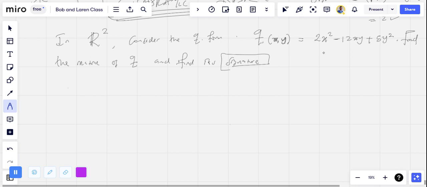I notice there is a pattern for the matrix for Q. Let's say I want to find the matrix of that Q of x comma y that I'm looking for. I want to look for the matrix form of this Q of x comma y.